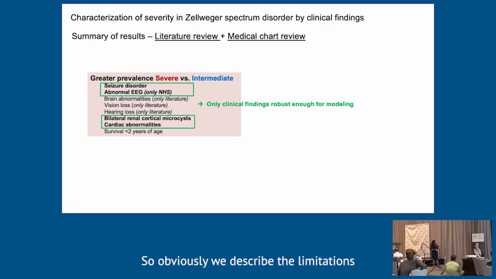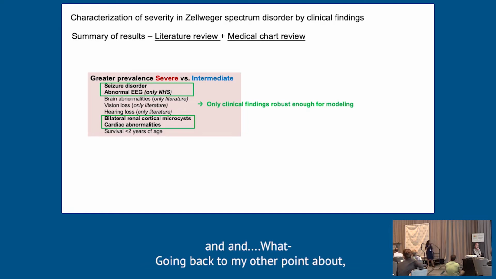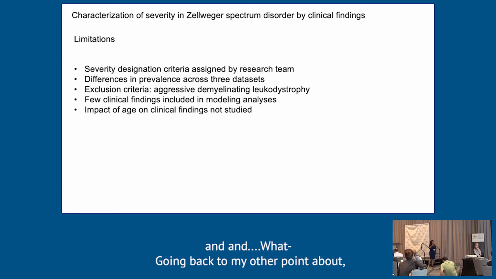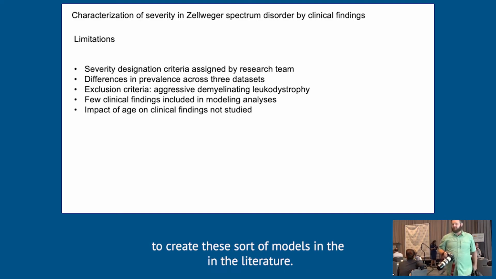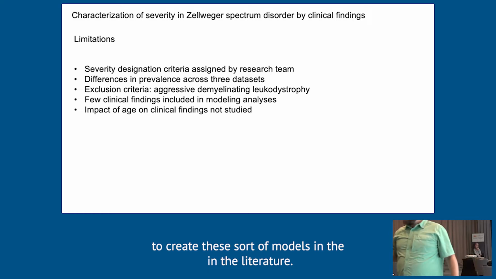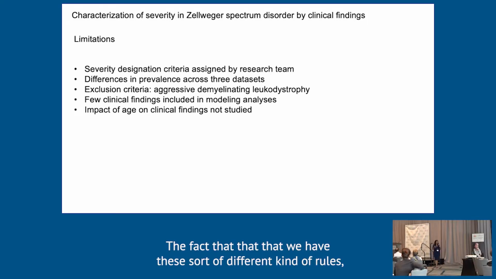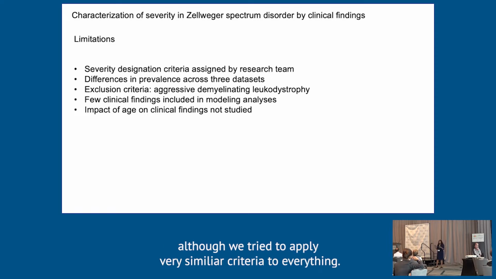So I'll just quickly describe the limitations, going back to my other point about not necessarily having data that was robust enough to create these models in the literature. We have these different rules, although we tried to apply very similar criteria to everything.